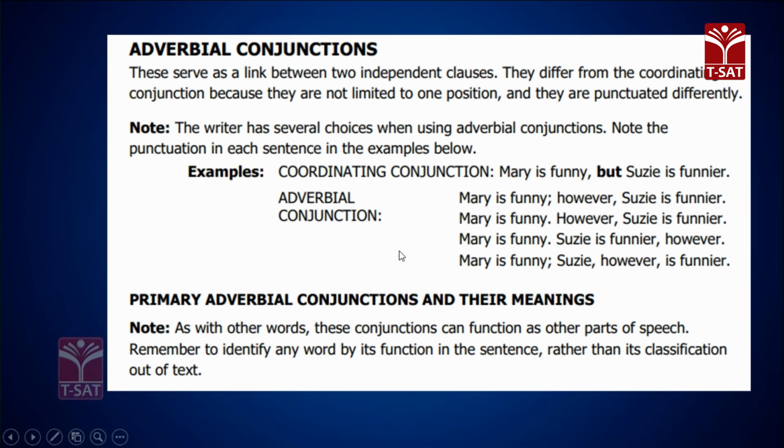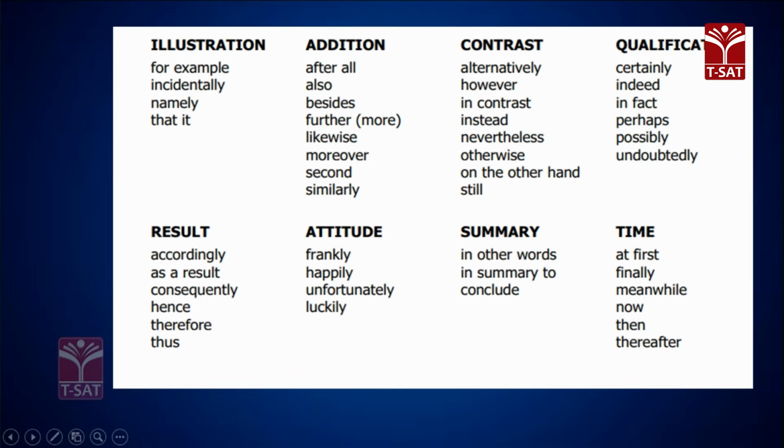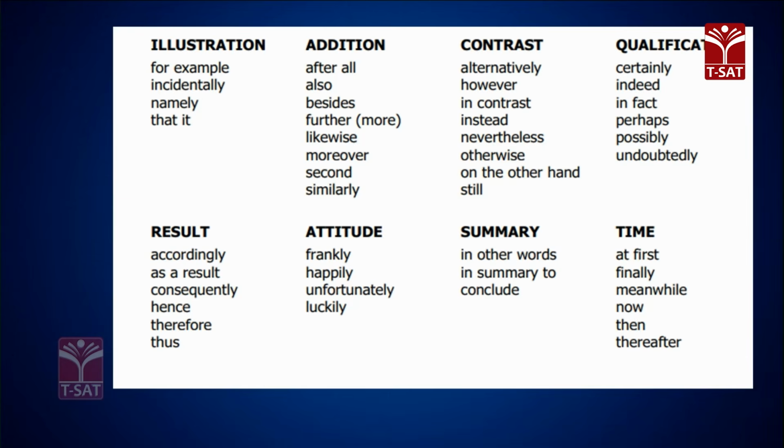Something like this, right. So, this is some information about adverbial conjunctions, right, and how they are used. For example, incidentally, namely, when you are trying to illustrate something. When you are adding something: after all, also, besides, further, furthermore, likewise, moreover, second, similarly.